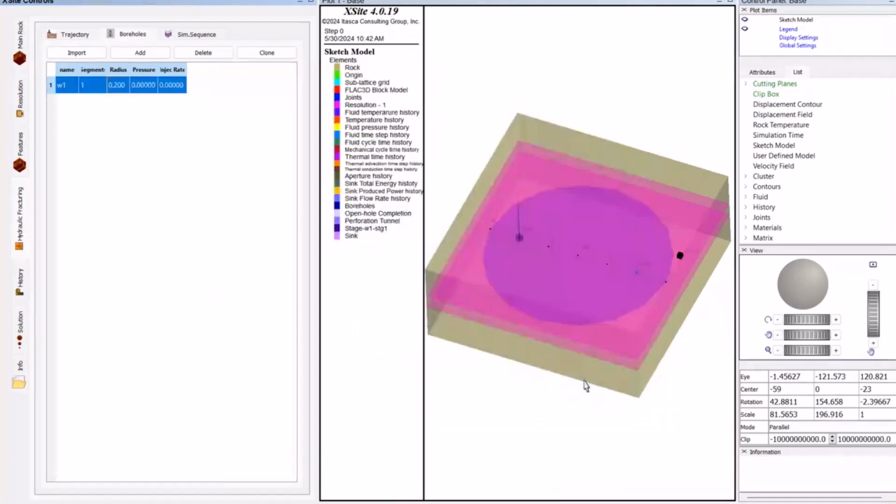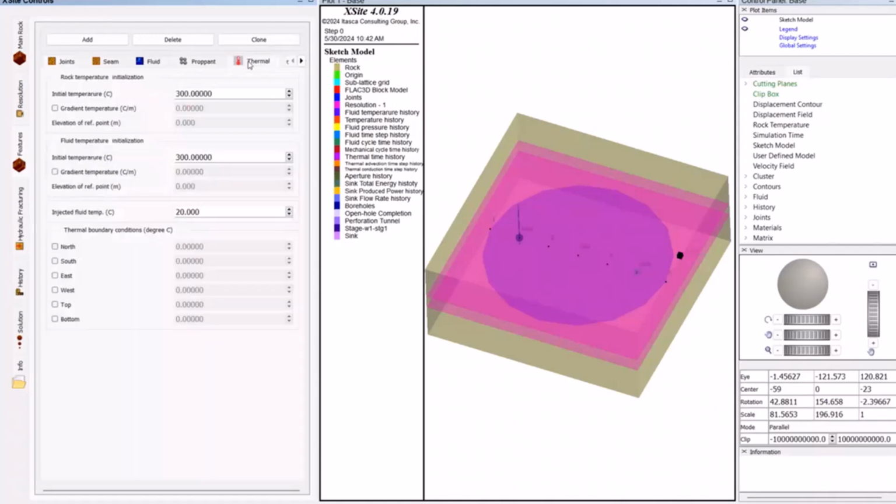Now, in terms of the initial conditions for a thermal model, we see that the initial temperature of the rock is 300 degrees C. The initial temperature of the fluid is also 300 degrees C. We assume that those two are in thermal equilibrium.